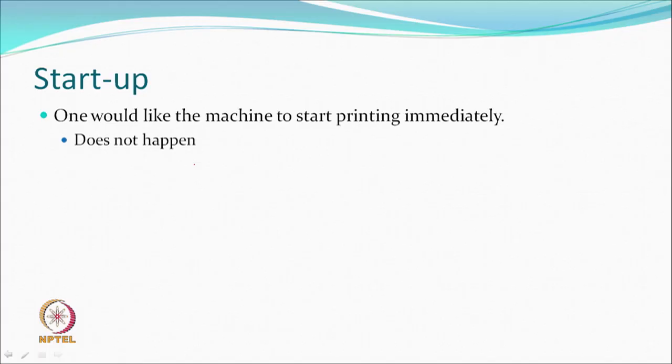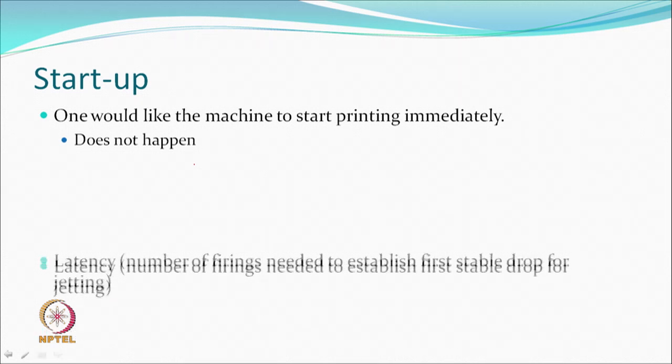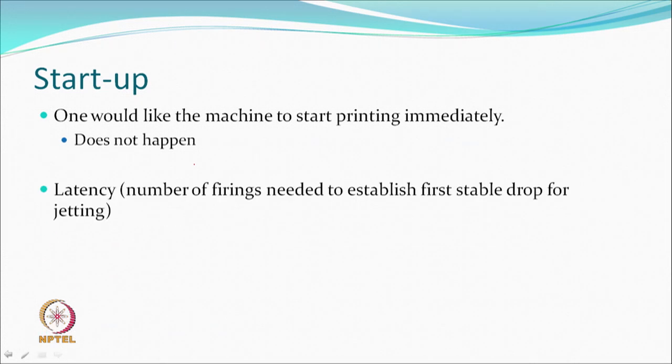One would obviously like the machine to start printing immediately, but it does not happen. So, there is a time that is required, and that is sometimes known as the latency. Latency is basically the number of firings needed to establish the first stable drop for jetting.